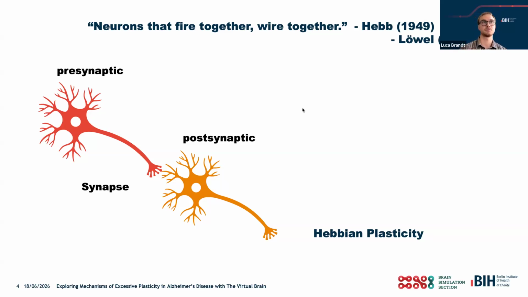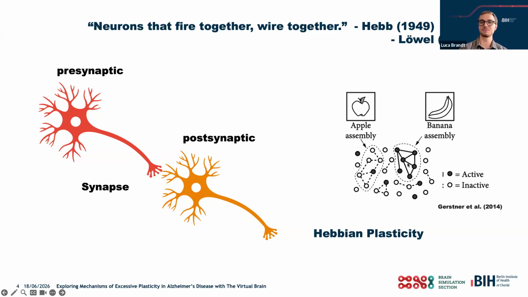Two neurons are connected over a synapse, and if the presynaptic neuron fires and the postsynaptic neuron fires too, there's some strengthening in the connection. In future, the postsynaptic neuron becomes more responsive to future action potentials. This is what we call Hebbian plasticity, named after Donald Hebb.